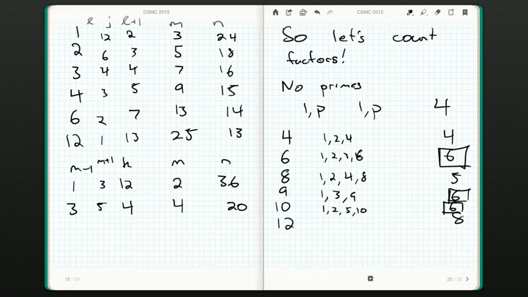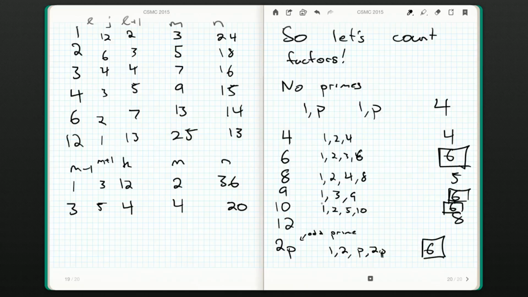It's looking like 2 times an odd prime will always have 1, 2, the prime, and 2 times the prime. That'll be 4 factors plus 2 odd ones, so that'll be 6. So that helps.